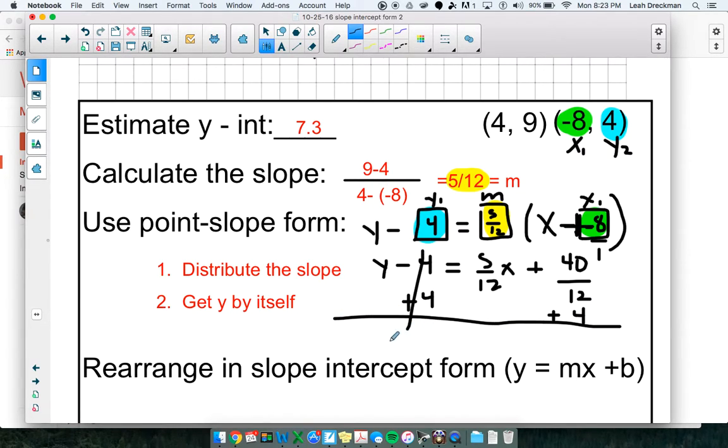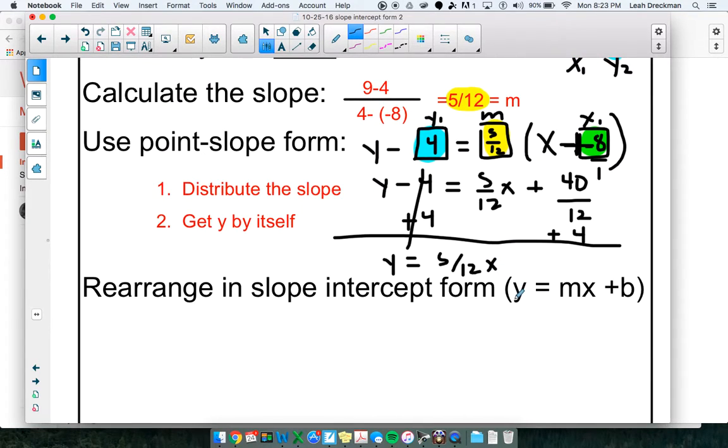So now that's gone. We get y equals 5/12 x. And for my fraction work, oh, I guess I could have done that down there. That's okay. I have 40/12, which if you can reduce, I would.